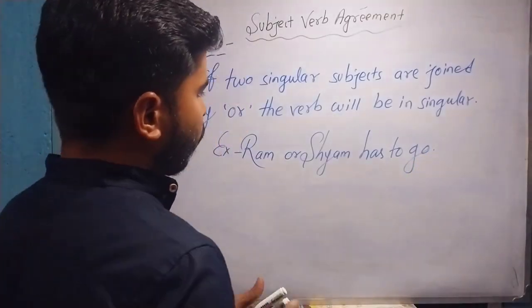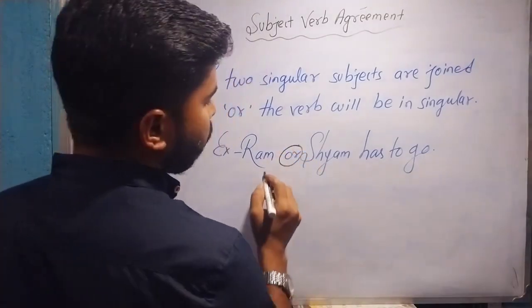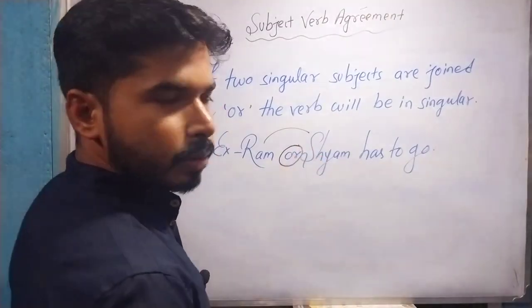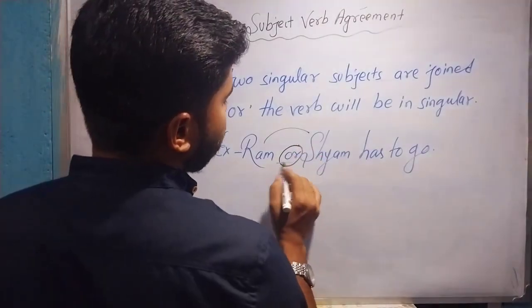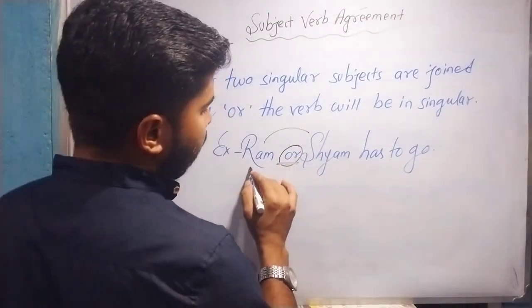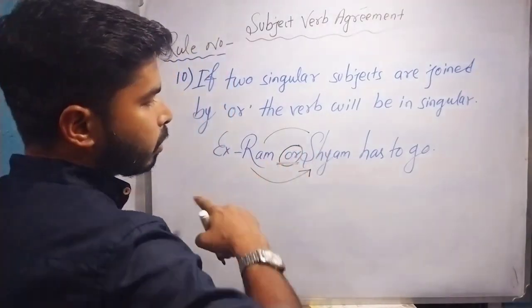Then we have added or in between Ram and Sham. Ram is also in singular. Sham is also in singular. Then as we put or in between them, we are referring to any one of them, not to both.